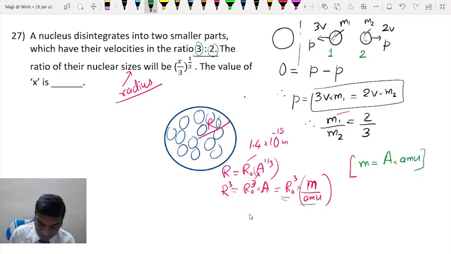So r naught and a mu being constant, I can write r cube is proportional to m.